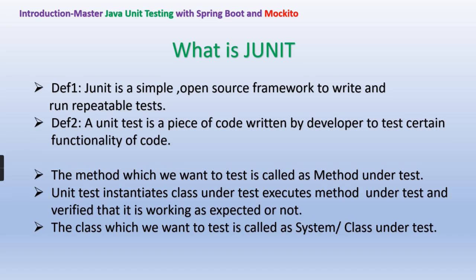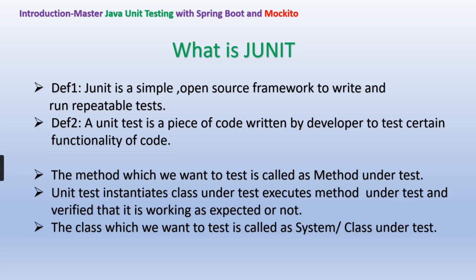And definition 2. A unit test is a piece of code written by a developer to test certain functionality of the code. So in a project, many developers will be there, especially in Java development. Whoever is writing the code, that code should be tested well. So how are we going to test? JUnit is the alternative.